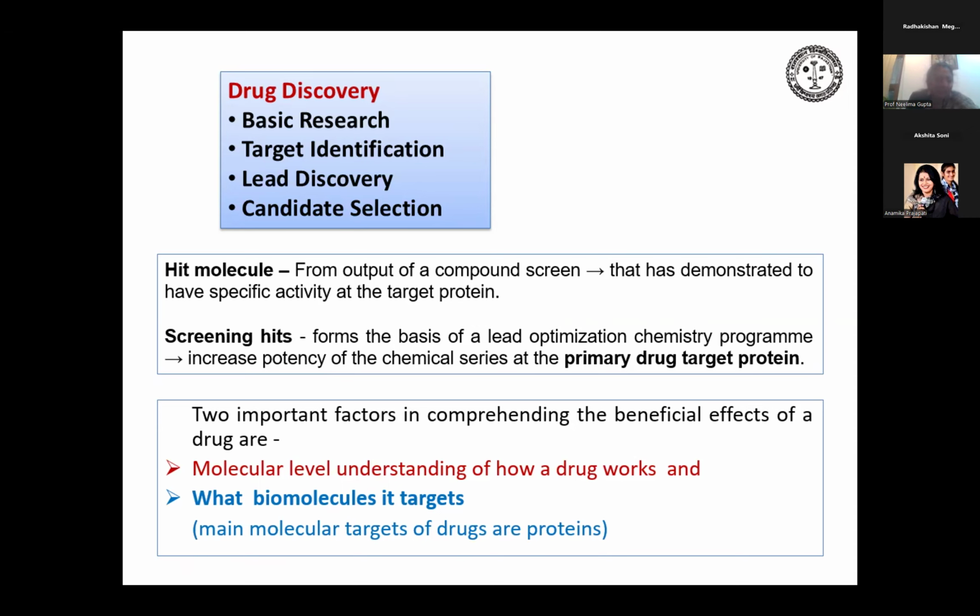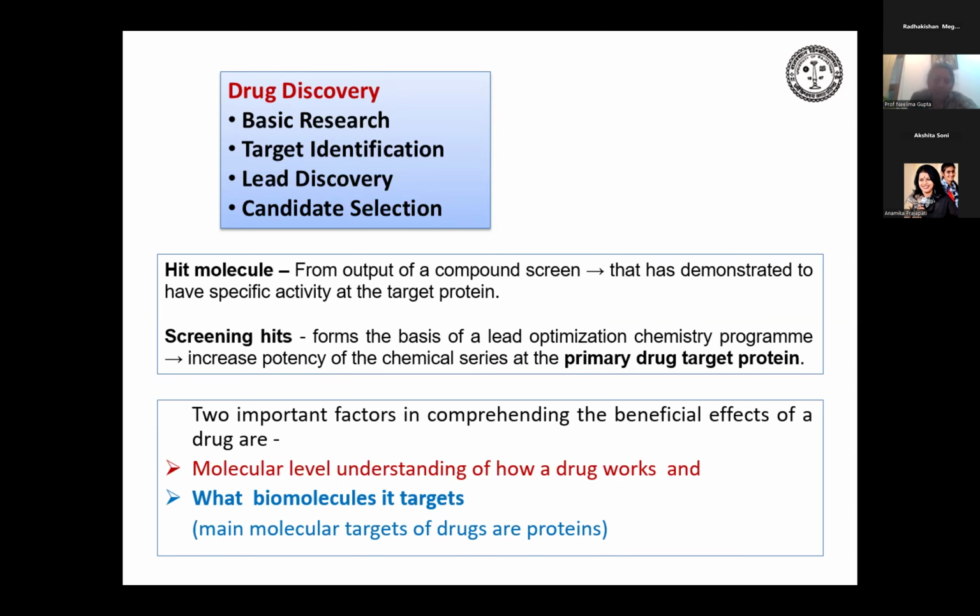Then the screening hits form the basis of the lead optimization and chemistry program, which increases the potency of the chemical series at a primary drug target protein. So the structure may be changed little by little and we see how the efficacy of that particular molecule changes by making small changes in the structure of the drug candidate itself.